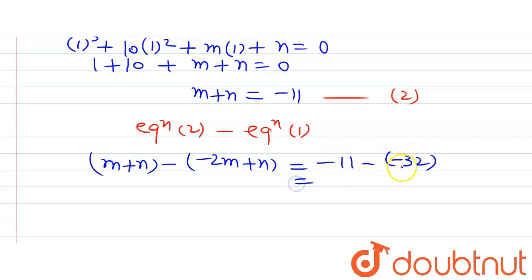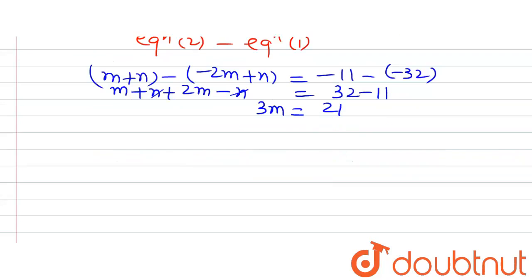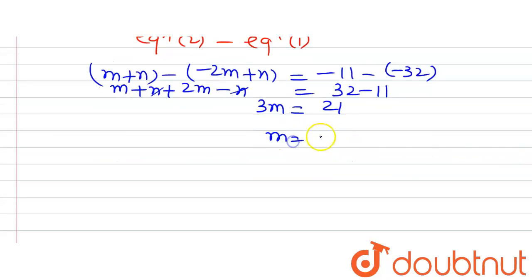On solving it, m plus n plus 2m minus n: plus n will get subtracted from minus n, and we will have m plus 2m, that is 3m, is equal to 32 minus 11, which is 21. So m will be equal to 21 divided by 3, which gives us m is equal to 7. So the value of m is 7 in this question.